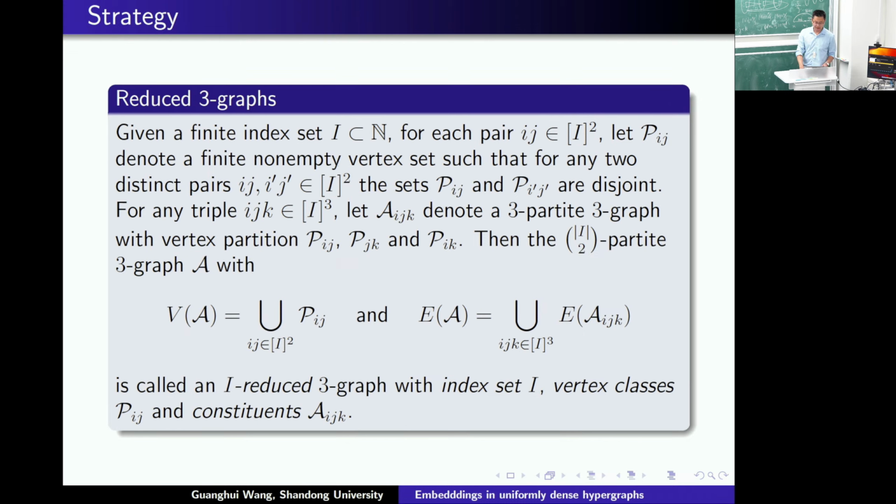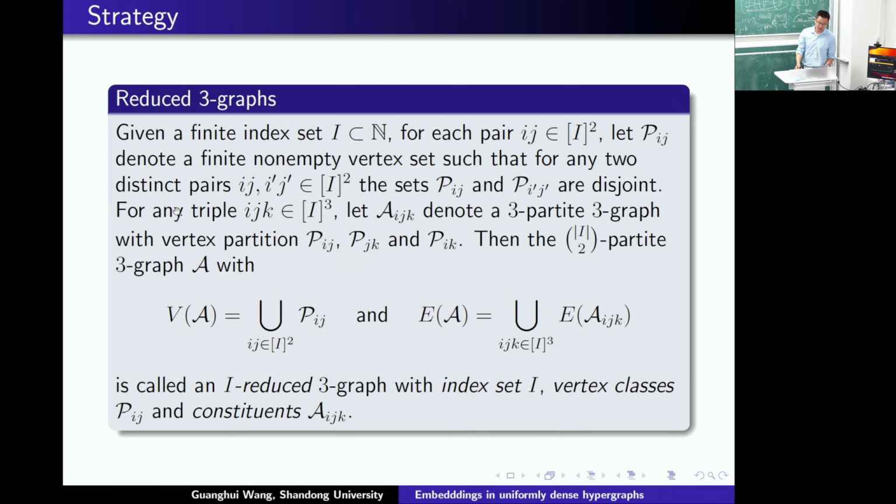So I is the index set, and P_{ij}, where i and j are from the index set, are the vertex classes. For any triple ijk, A_{ijk} denotes the three-partite 3-graph with vertex classes P_{ij}, P_{jk}, and P_{ik}.